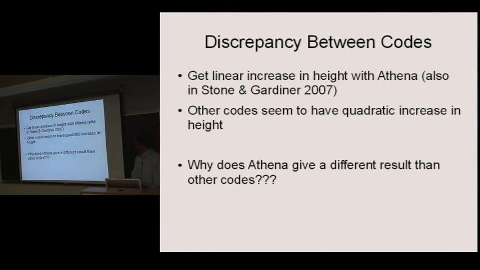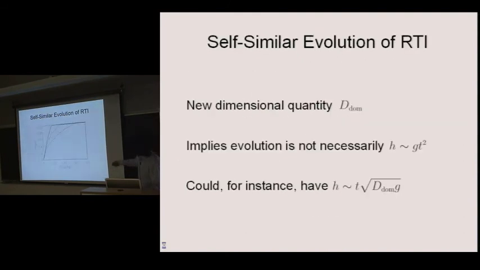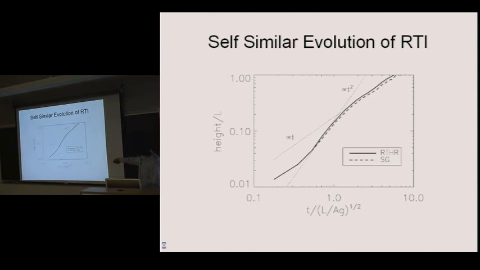Is the background fluid away from the interface stratified? In their case, no. In my case, yes. So the deformations are becoming comparable in size to the scale height of the background. In these two simulations, the solid line is without stratification, and the dashed line is with stratification.